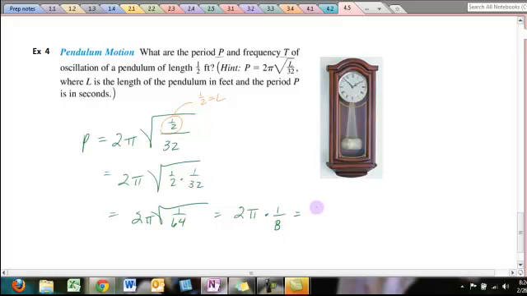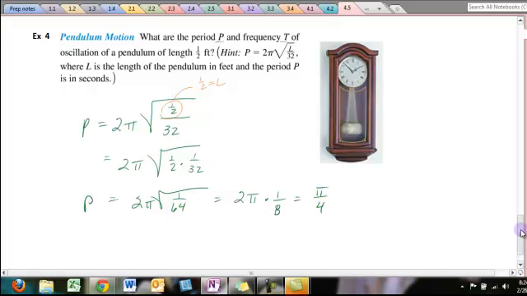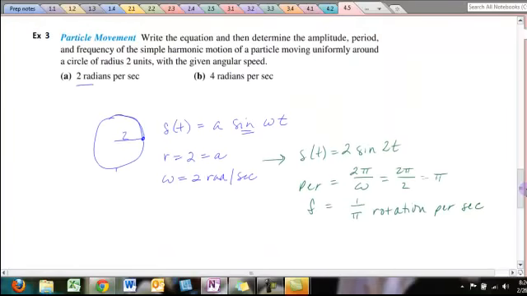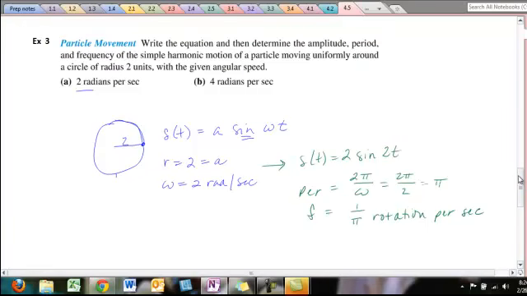And we simplify that down and we get pi over 4. So the period is equal to pi over 4. The frequency would be the reciprocal of pi over 4, so just 4 over pi. Okay, so there's two more examples showing harmonic motion in something other than a spring, using particle movement and pendulum movement.